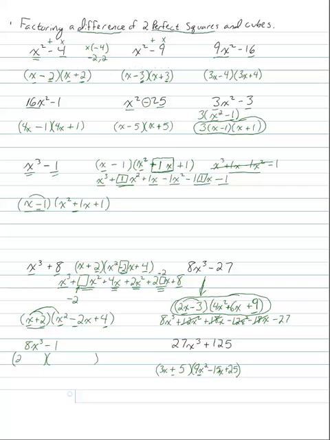So 2x, and the cube root of minus 1 is minus 1. In the trinomial, the first term is going to be that 2x squared, so 4x squared. The last term is going to be that minus 1 squared, so plus 1. In the middle term, we're going to change the sign and multiply the two things together. Again, you can multiply it out to check, but that should be it. Okay.